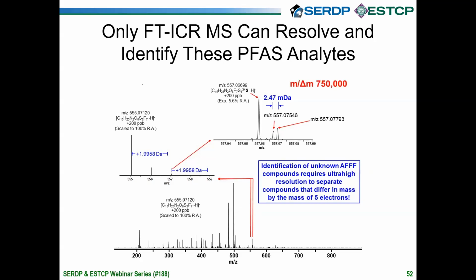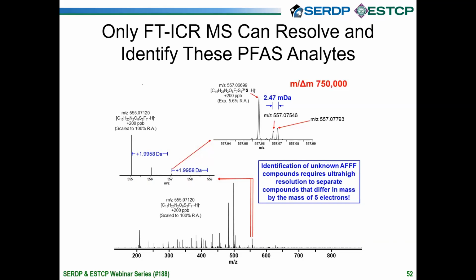And then when we zoom in more, and that's the top that I'm showing here on this slide, we can actually see two peaks here that differ in mass by the mass of 5 electrons, so 2.5 millidaltons roughly. These are 2 PFAS that would be unresolvable on, let's say, a time of flight mass spectrometer and even challenge an Orbitrap.